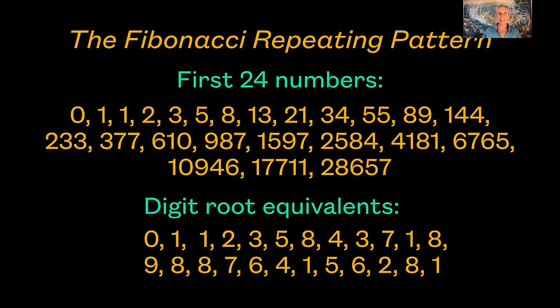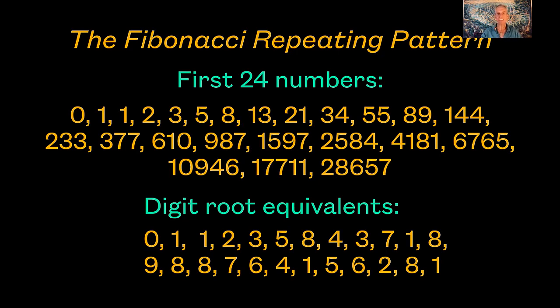So the Fibonacci, it turns out, has a repeating pattern. I should say the reduced Fibonacci sequence has a repeating pattern every 24 numbers. And here they are down below, starting with the number 0. The first row of numbers are the first 12 numbers, and then the second row is the second 12 numbers, with their original numbers above in the pattern.